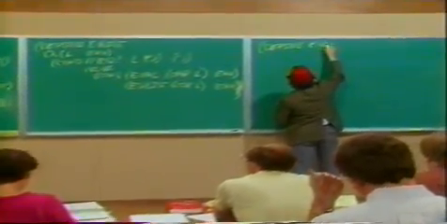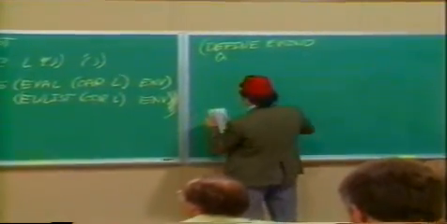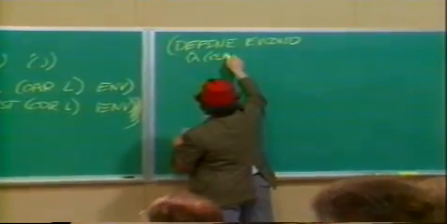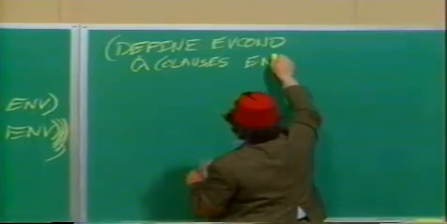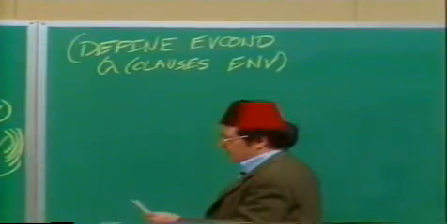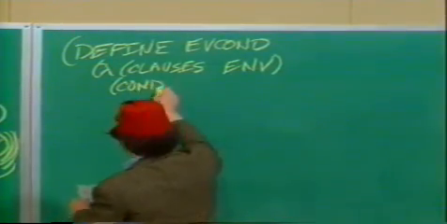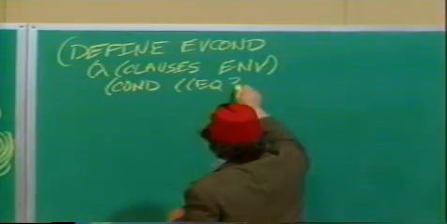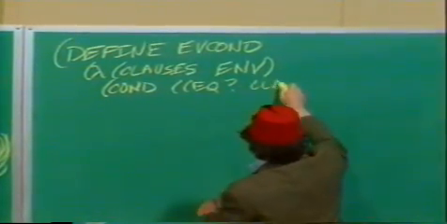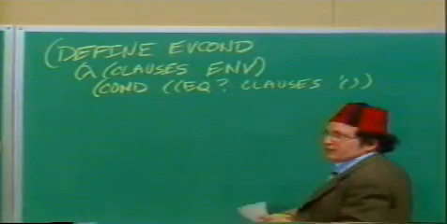Well, how do we have a conditional thing? It's a procedure of a set of clauses and an environment. And what does it do? It says, if I have no more clauses, well, I have to give this a value.